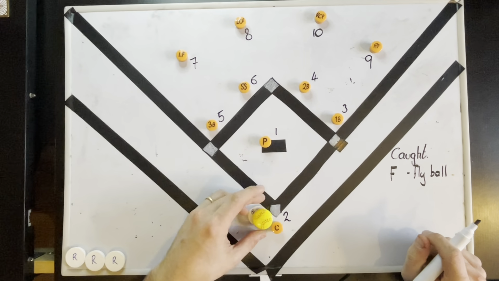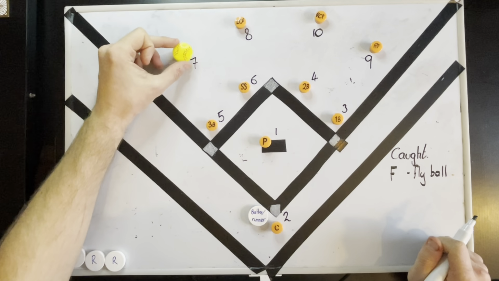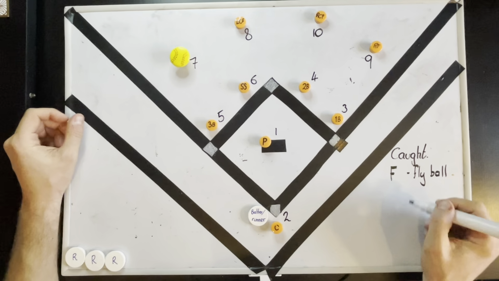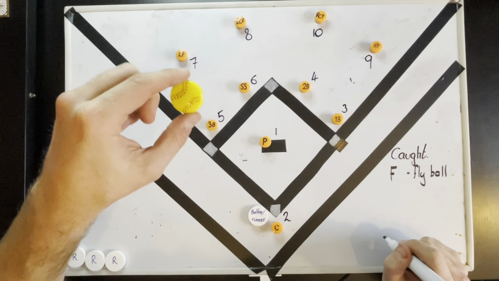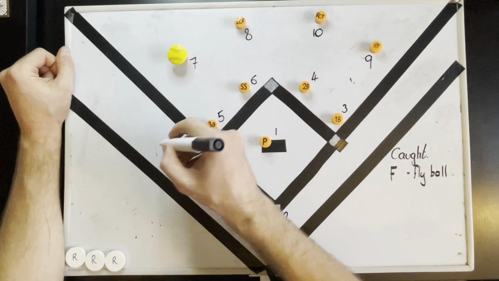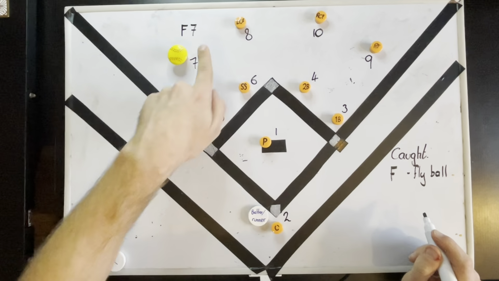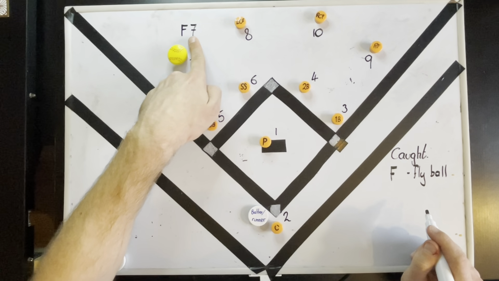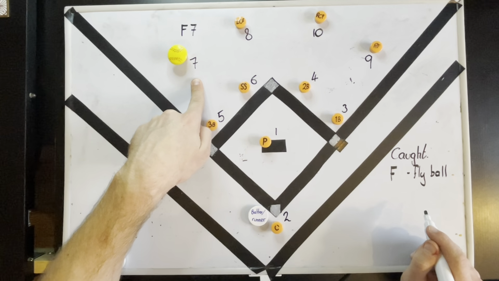A fly ball is generally a ball that goes nice and high, goes out into the outfield and is caught. So if the left fielder catches a nice high ball, has plenty of time to get under it, catches it in their glove, it will be scored as an F7. So F7: caught out, fly ball, number 7, left field.